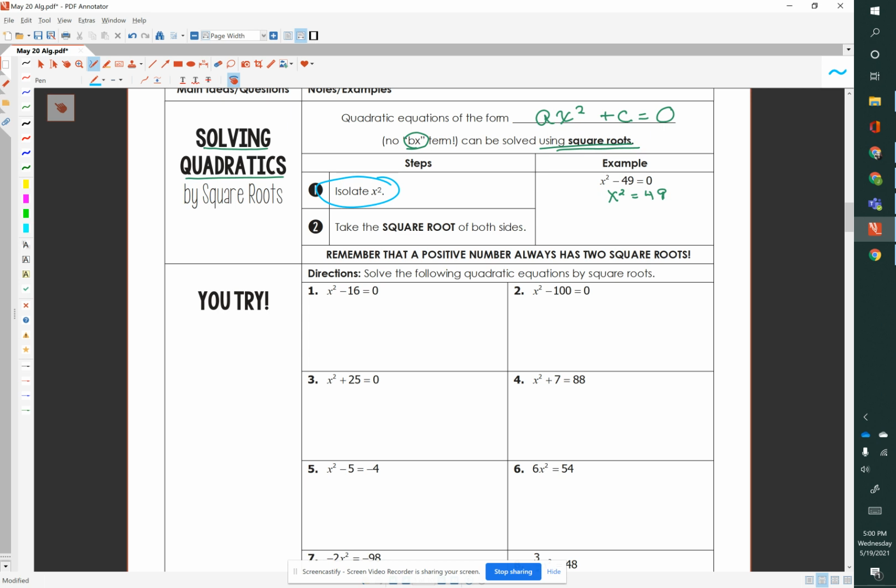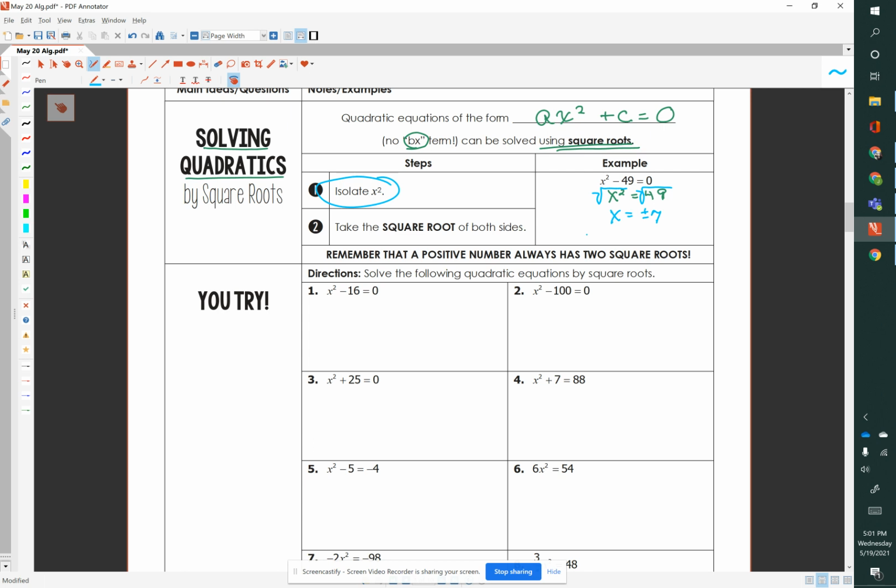So remember, the square root of a perfect square is the actual number itself. What do I mean by that? The square root of x squared will be x. The square root of 49 will be 7. So if the square root of x squared is x, then x equals plus or minus 7.